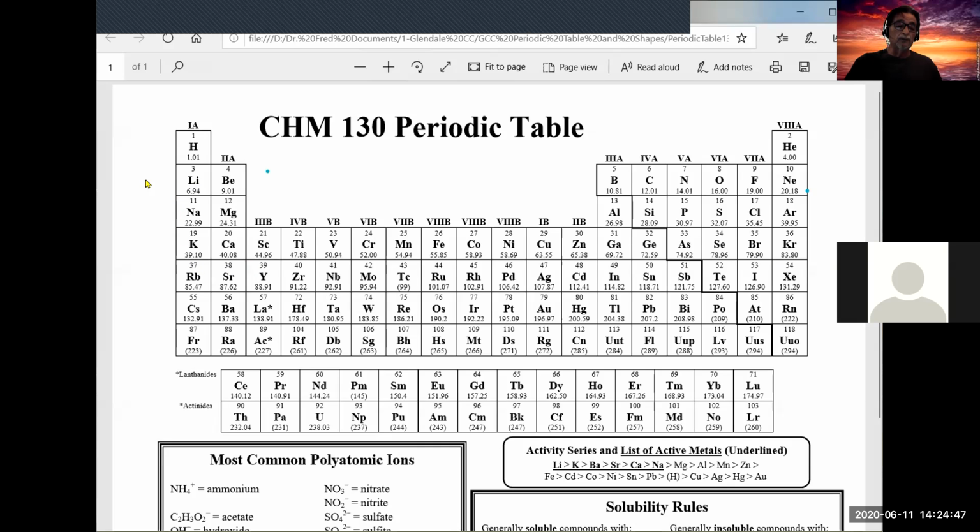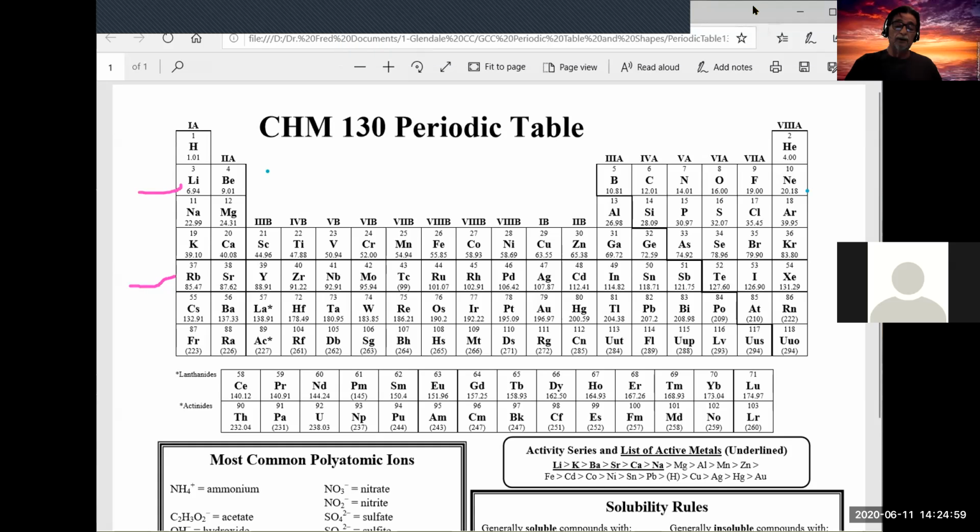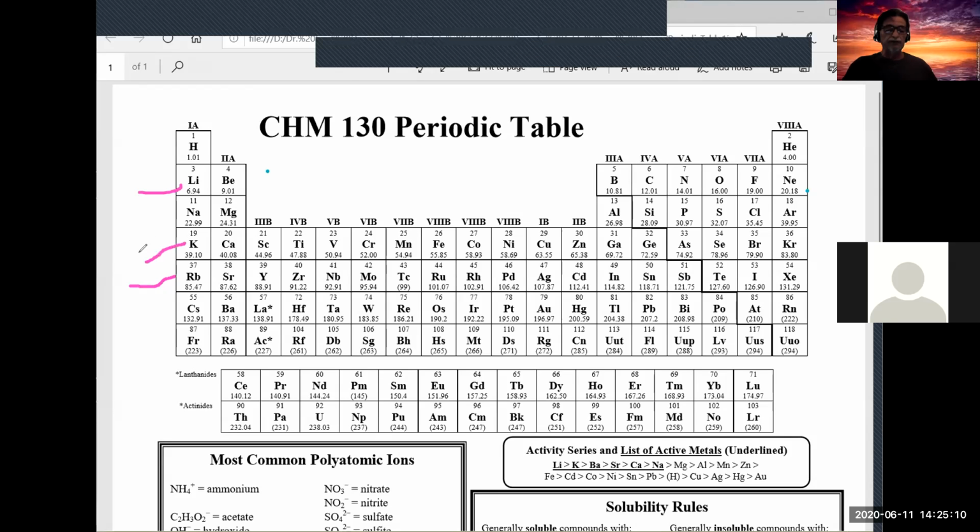We got lithium right there, rubidium, and potassium, and potassium right there.